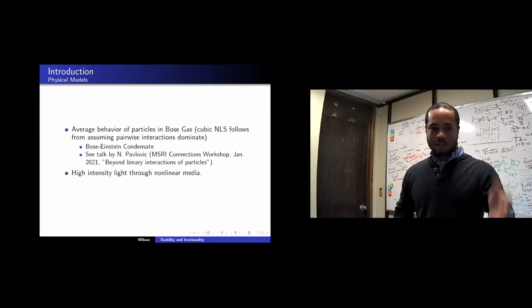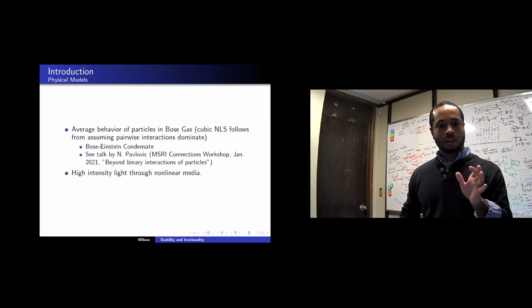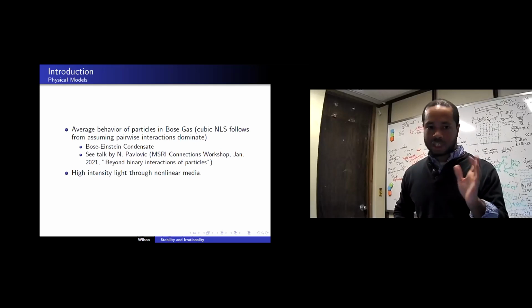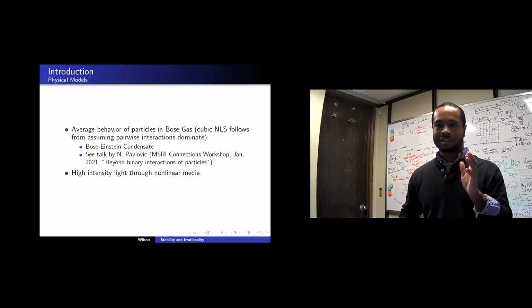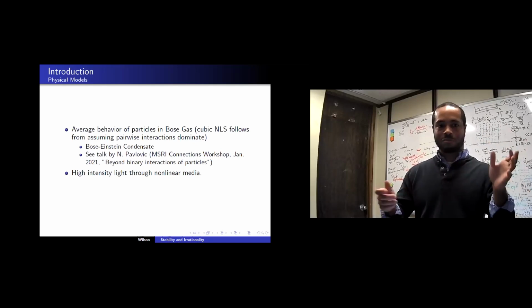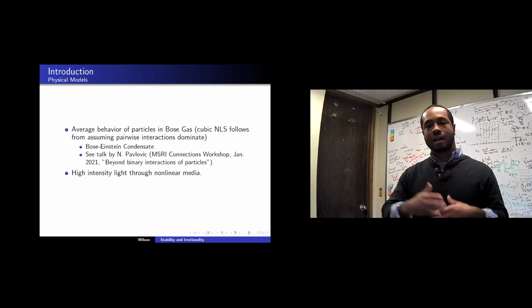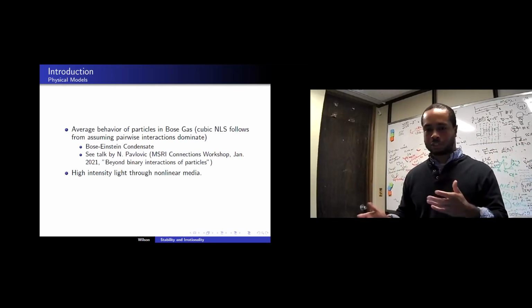And also, again, I don't know a lot about the physical models, but my understanding from Schneider's book on nonlinear optics and telecommunications is that there is some way to go from a physical model or some physical understanding of the way light goes through certain media to the cubic nonlinear Schrodinger equation.